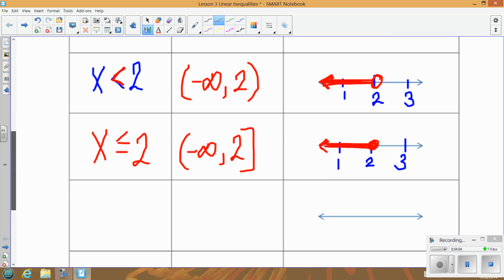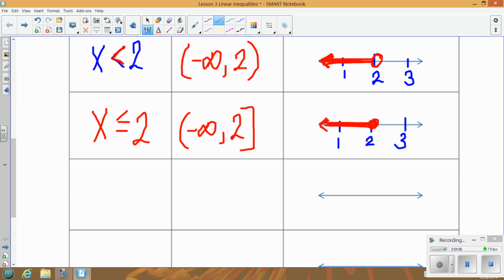Let's look at the same idea, but let's look at it for greater than. So what if we had x greater than or equal to, now let's say negative 3. So x is greater than or equal to negative 3. Let's plot some points.